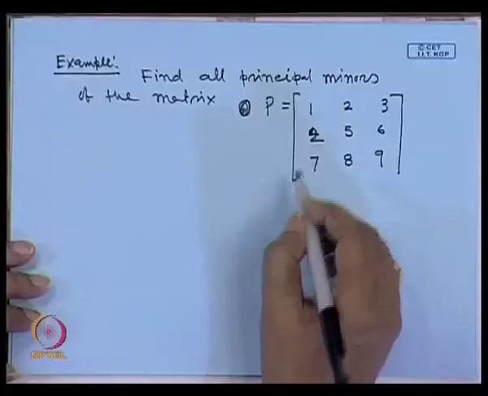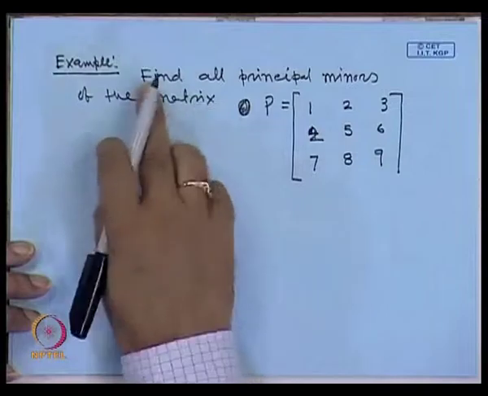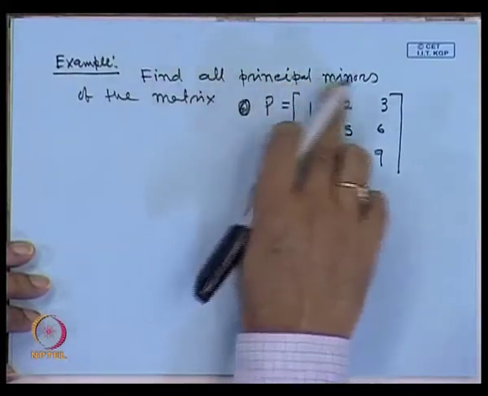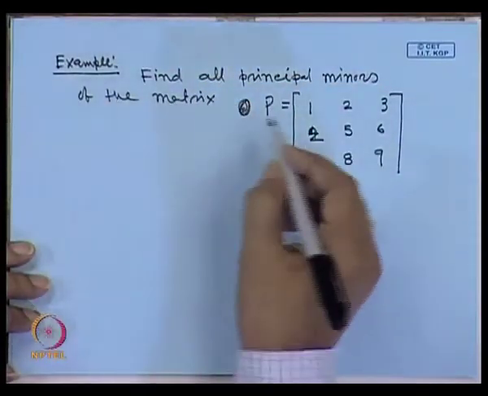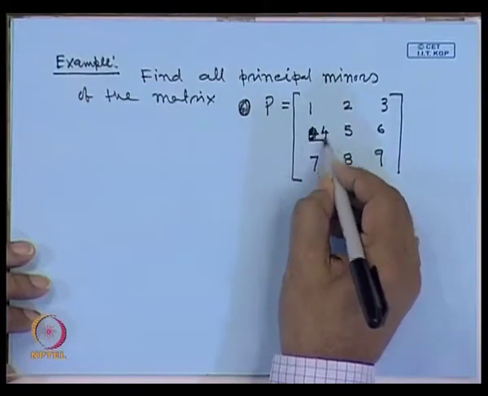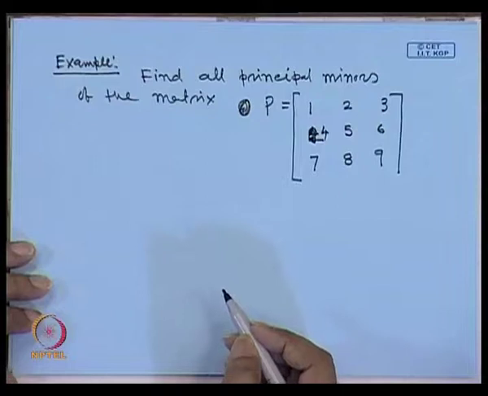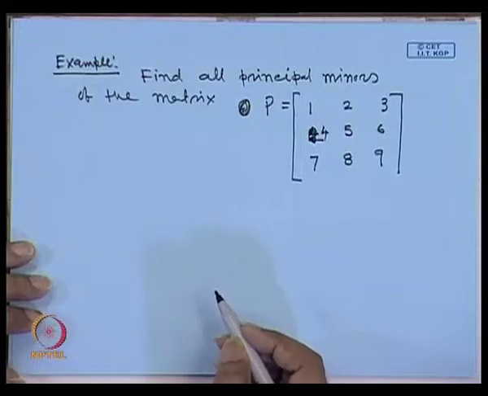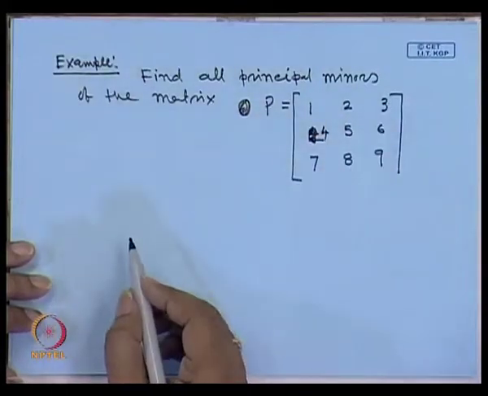If you multiply by x transpose and x, the value will remain the same. So, let us call this not a symmetric matrix, but my interest is to find all principal minors of this matrix. I am writing 4. Agree? So, our aim is to find the principal minors of this matrix.